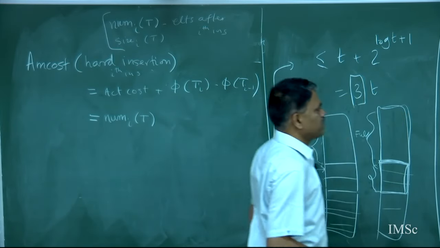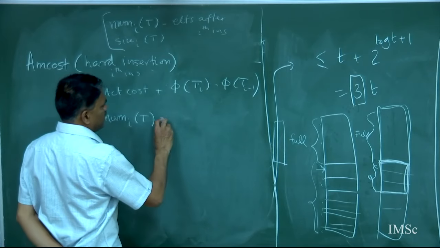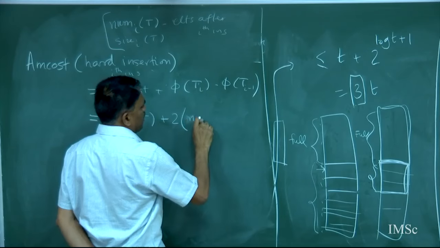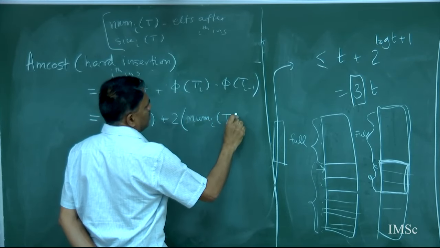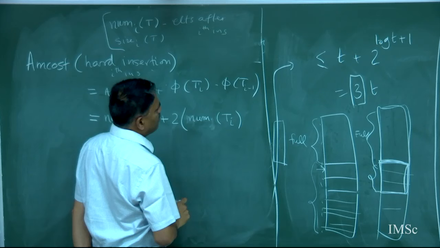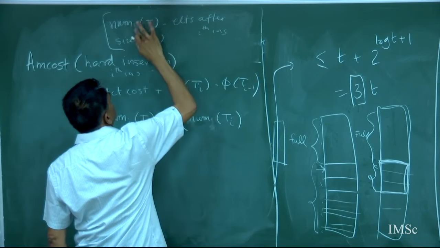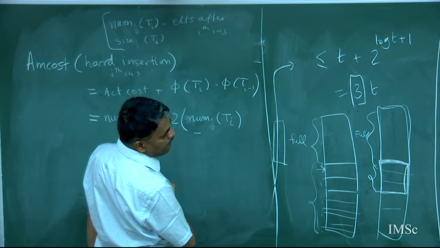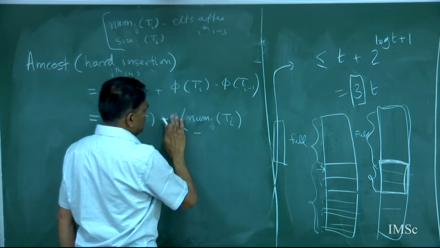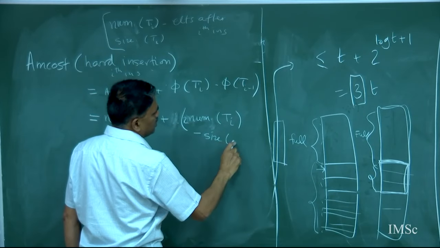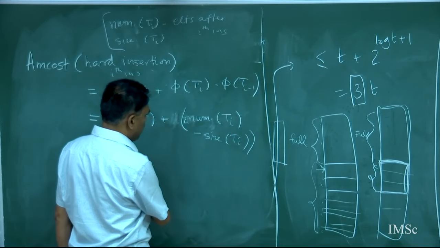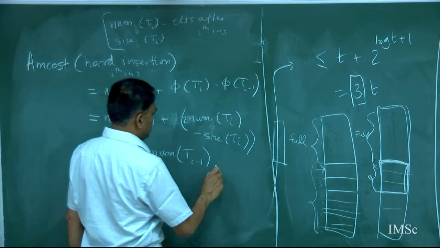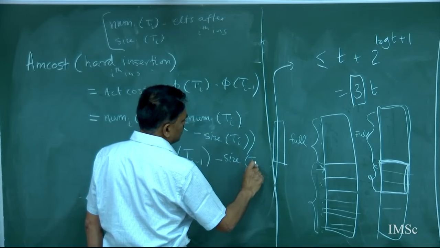Let's plug it into the formula and see what happens to the potential change. Phi of Ti is 2 times the number of elements after the ith insertion, minus size of Ti, minus 2 times the number of elements in Ti minus 1 minus size of Ti minus 1.